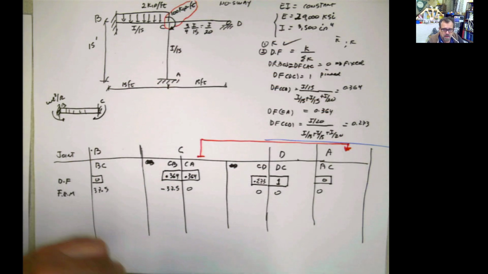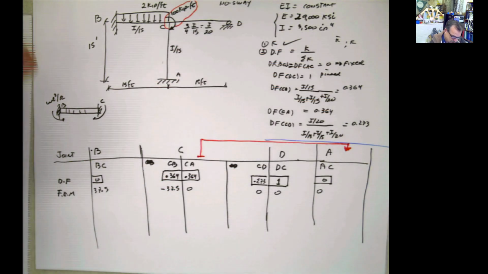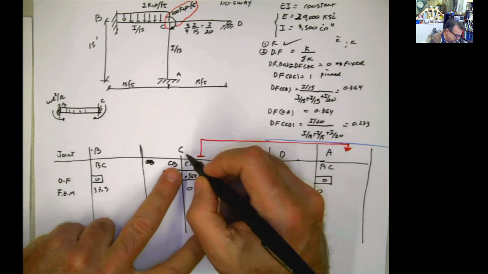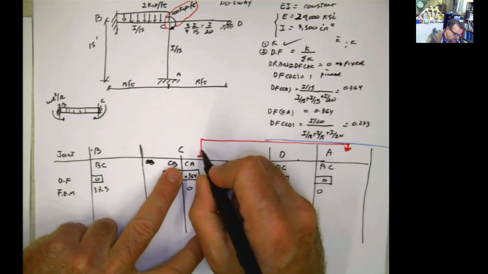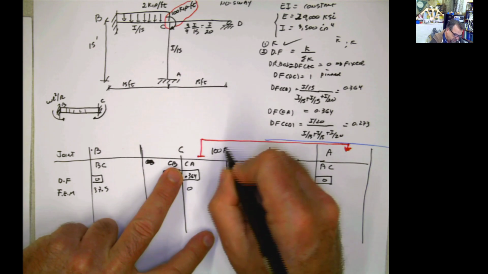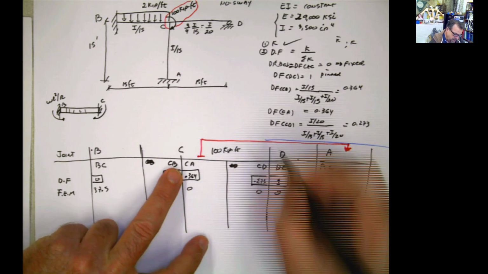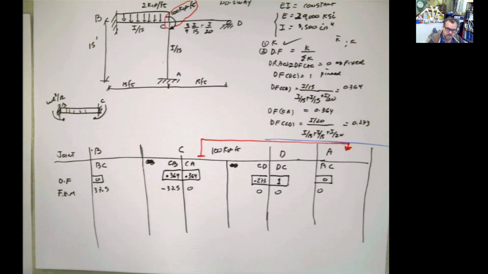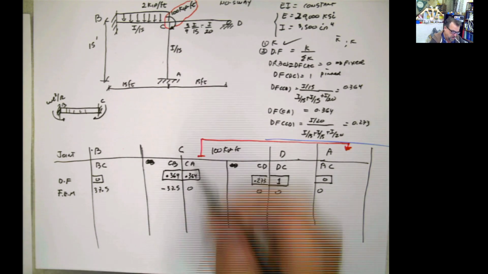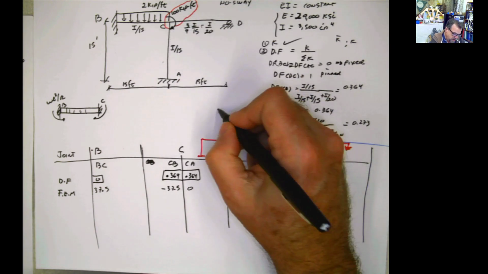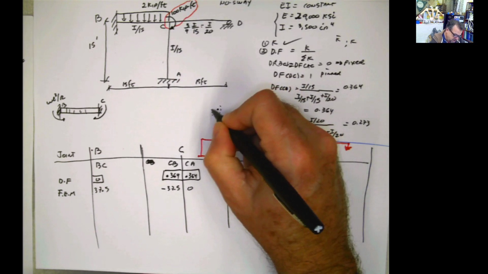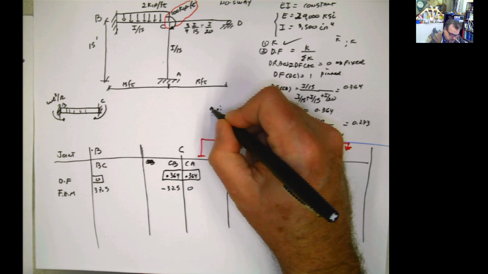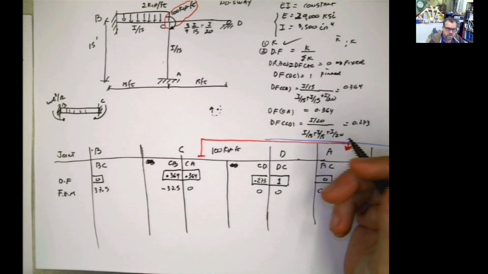This is a moment, but that is an external moment applied at the joint C. So you have to be very careful that you have those 100 kip-feet applied externally at the joint C. If you go back to the video where I explained the conventions, because this is an external moment, the way this is pointing is the direction, positive or negative, of the moment.